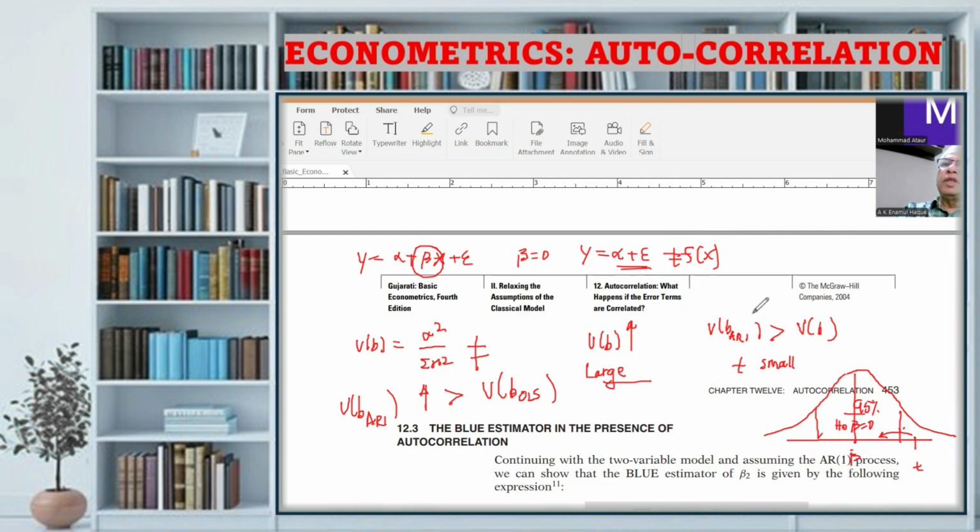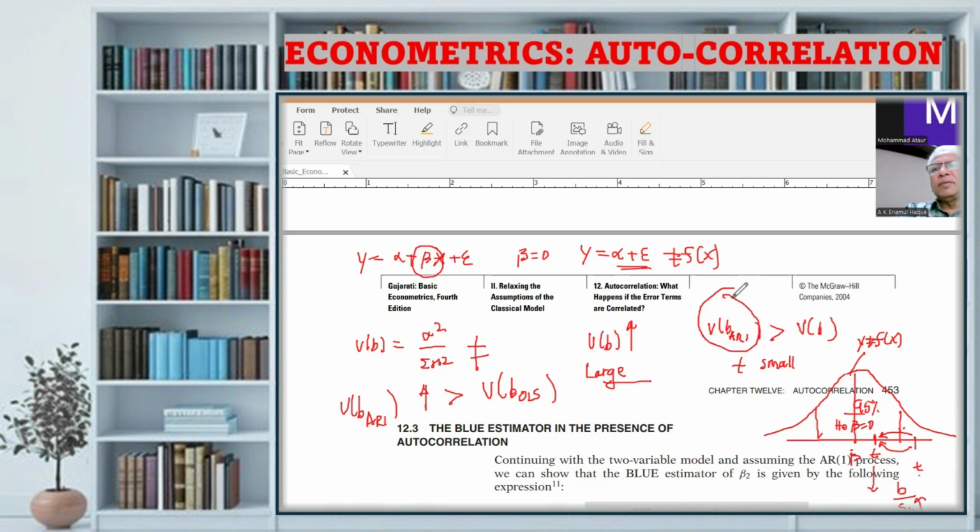So we are concluding that y is not linearly connected to x, because my t value has come here. And why has the t value come here? Because t means b divided by s of b, and s of b has become large, which means t is giving me a wrong signal because of the inefficient estimate of the variance.